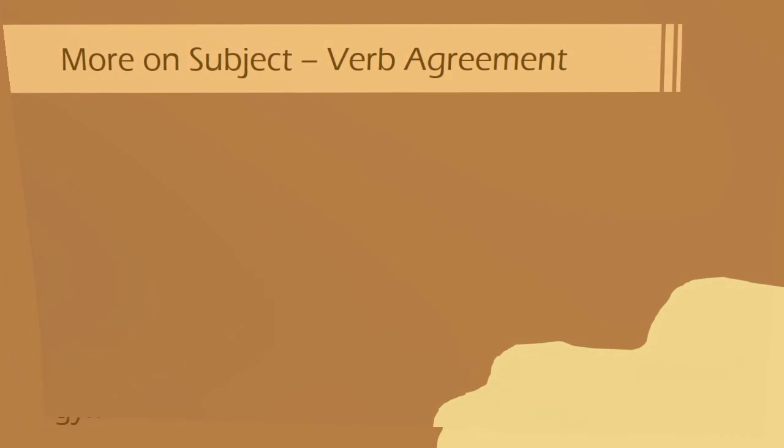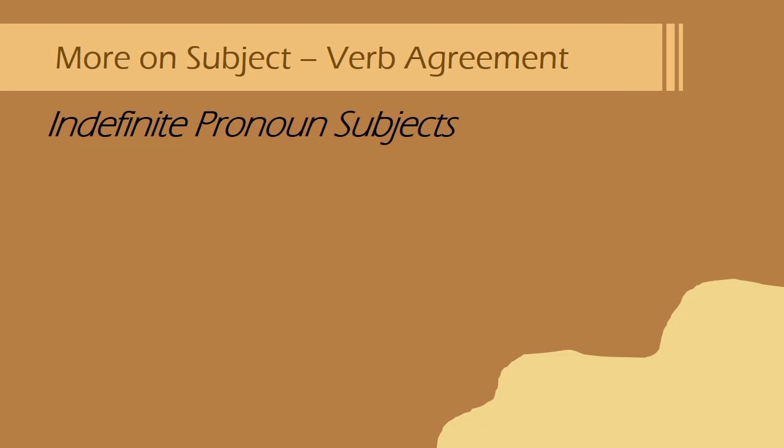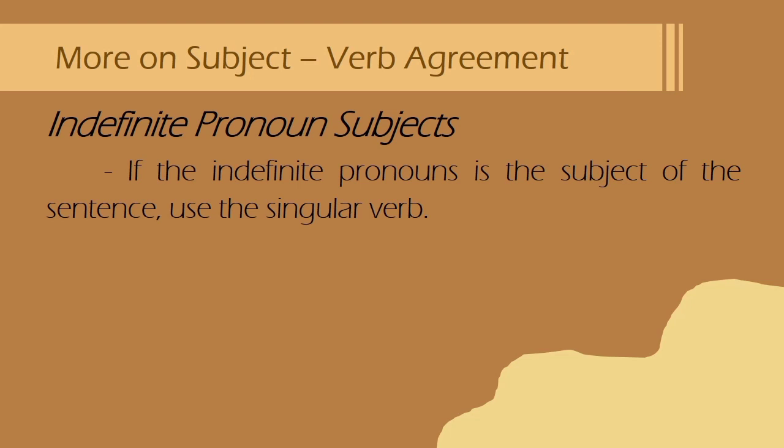Let's discuss more on subject-verb agreement. Indefinite pronoun subjects. If the indefinite pronoun is the subject of the sentence, use the singular verb. So, what are the indefinite pronoun subjects?